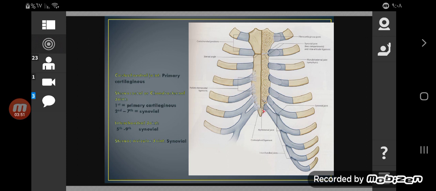Okay, between the xiphoid process and the body of the sternum, this joint is a cartilaginous joint. In some books, secondary cartilaginous joint or symphysis, and some of them primary.